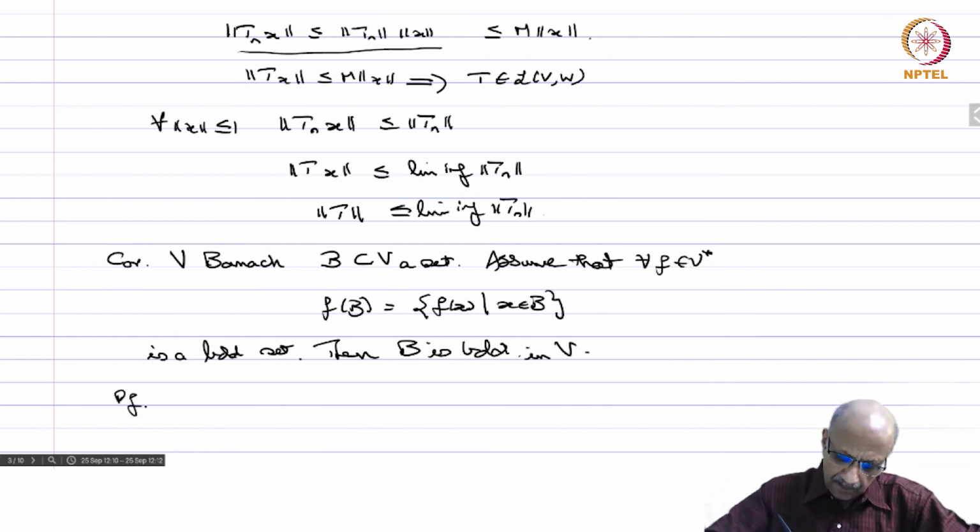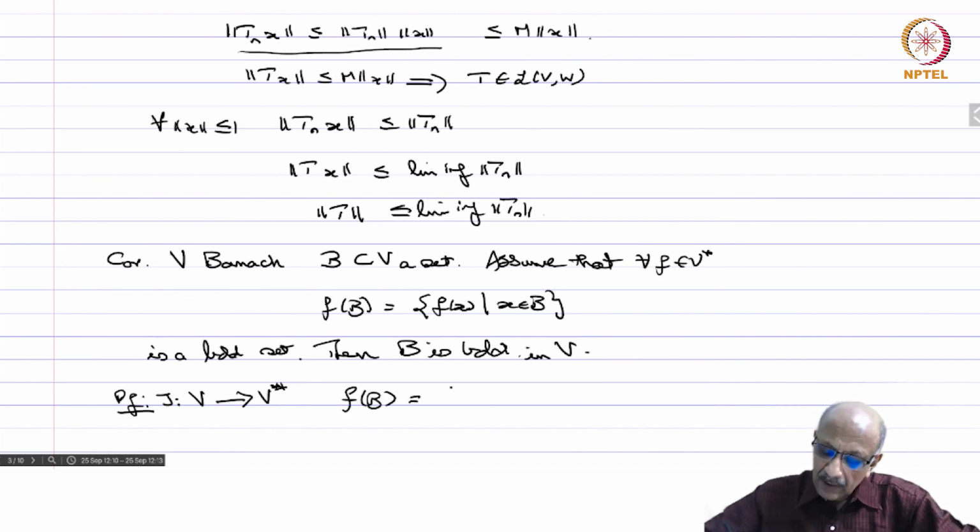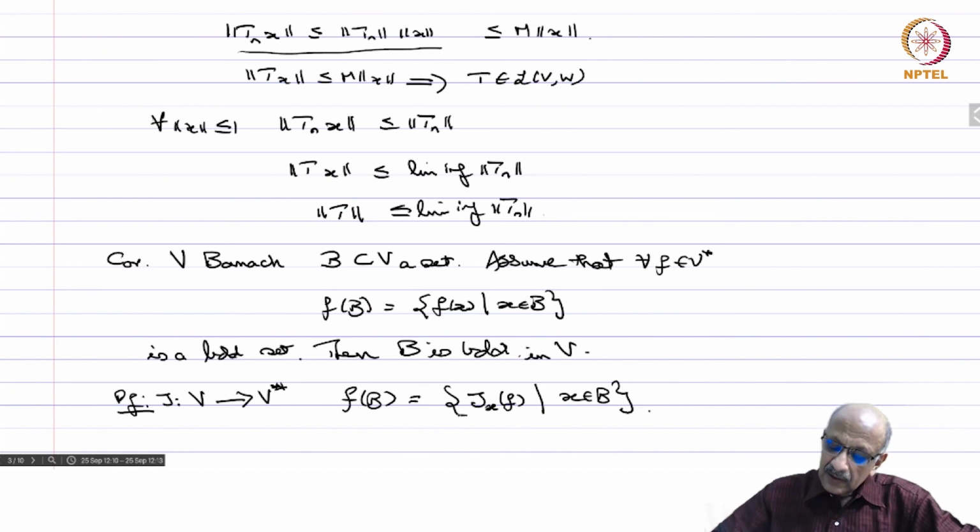So proof, you look at the mapping J from V to V double star. The set of all f(x), x in B, is bounded. So f(B) is nothing but the set of all Jx of f, x in B. So all the Jx's are bounded.